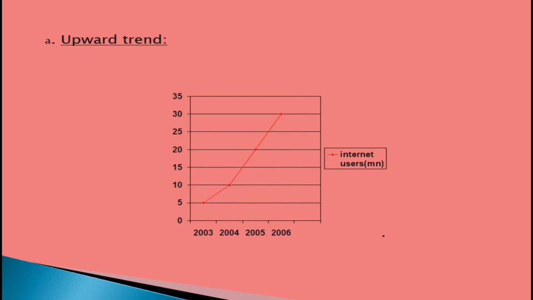Dear students, as you can see on the screen, the upward trend. If you find a graph or chart which shows an upward trend, you can use this type of word. And remember, don't use a sentence repeatedly. So I have prepared here some words for you. This will help you to describe a graph or chart.